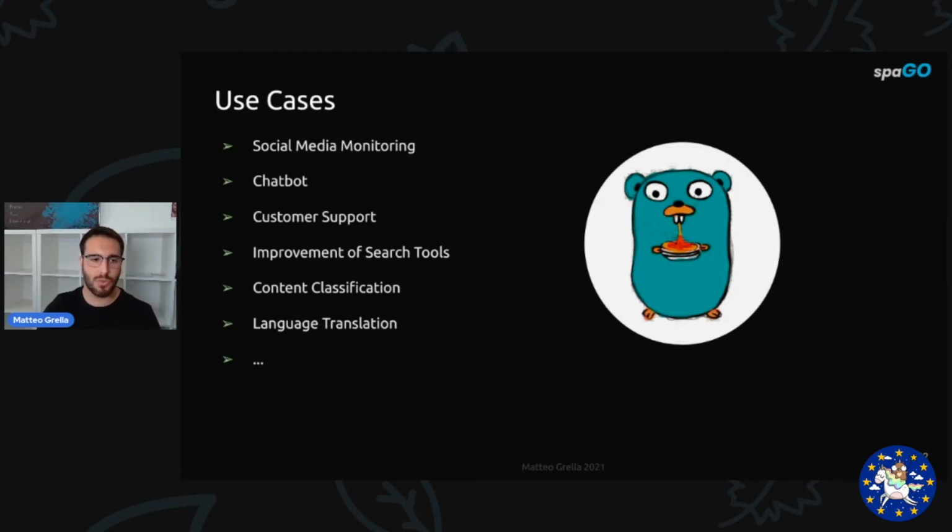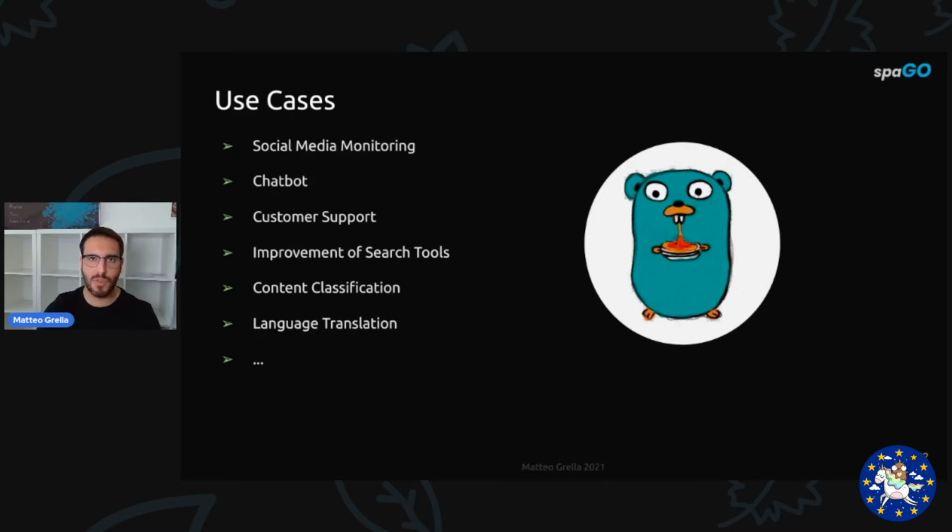Really close to customer support services, or just improvements for your search tools to perform content classification. You have texts, what is sport, what is cinema, what is, I don't know, security, economy, finance, or just spam, not spam. So NLP is all about that. It's about making meaning from unstructured text data.